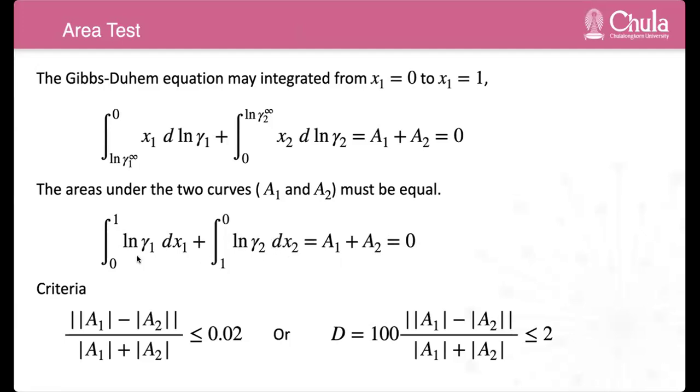And find the area under the curve, right? From 0 to 1 and 1 to 0. Actually, it's not exactly 0 to 1. It's somewhere close to 0 and somewhere close to 1, because 0 and 1 are pure components. And on this side, it's 1 to 0.